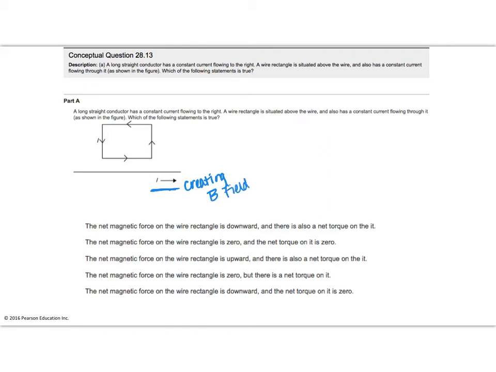So essentially, this wire is creating the magnetic field that the loop is in. If we use our right-hand rule, we would see that above the wire, the magnetic field would be coming out at us. So we would represent that field like this.